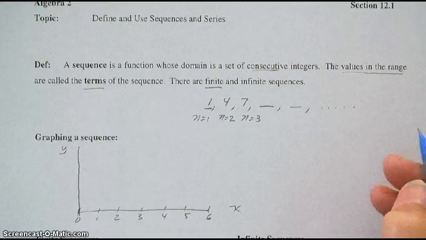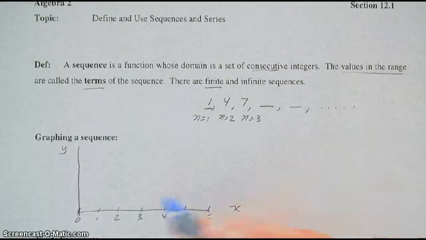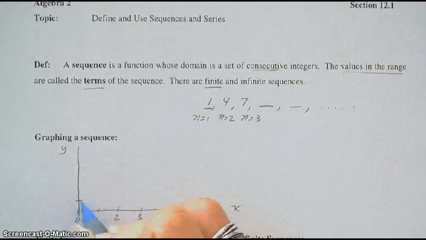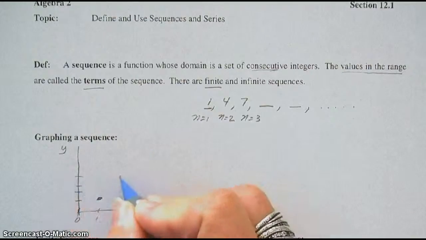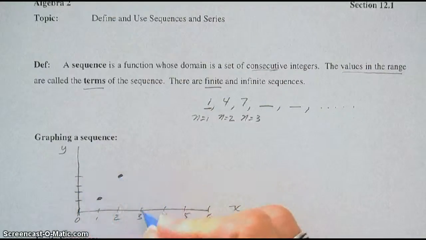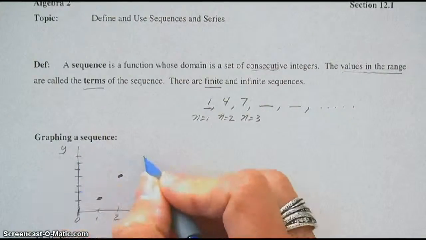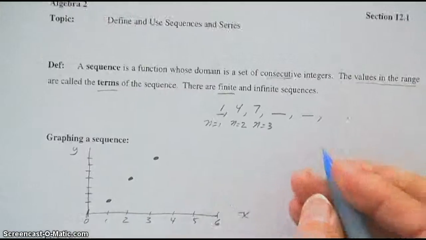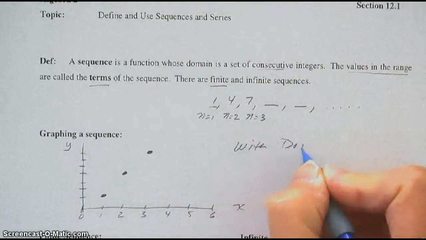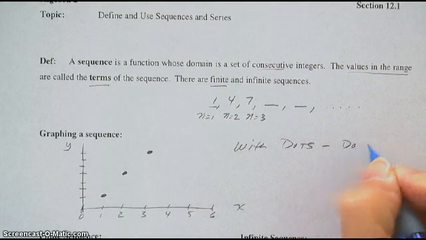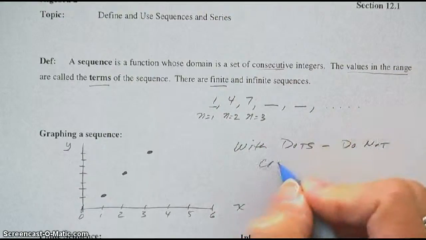And when we graph these, the first term is 1, the second term is 4, the third term is 7, and we graph a sequence with dots and do not connect them.